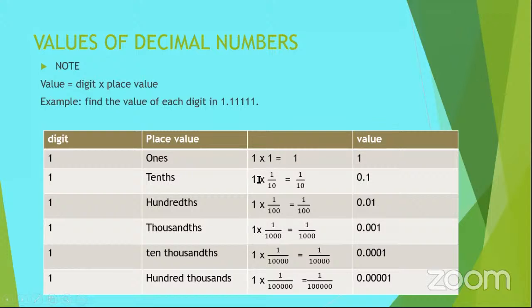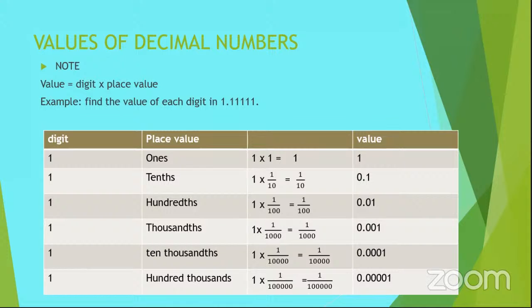And what we do, when we are looking at the tenth place value, or any place value after the decimal point, we add THS. That THS takes you to a fraction.